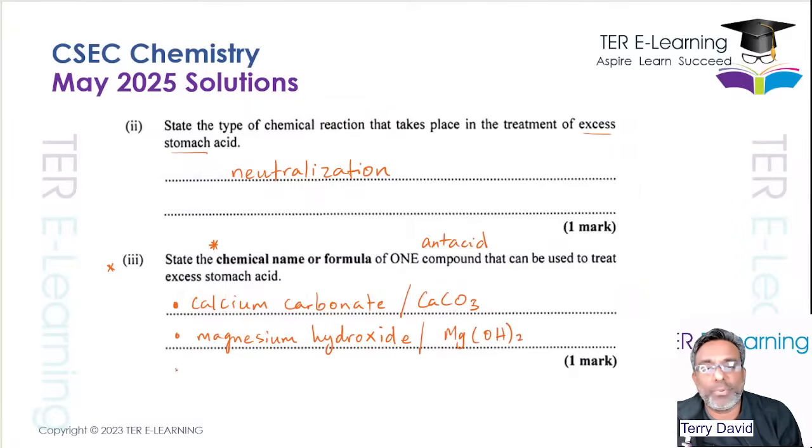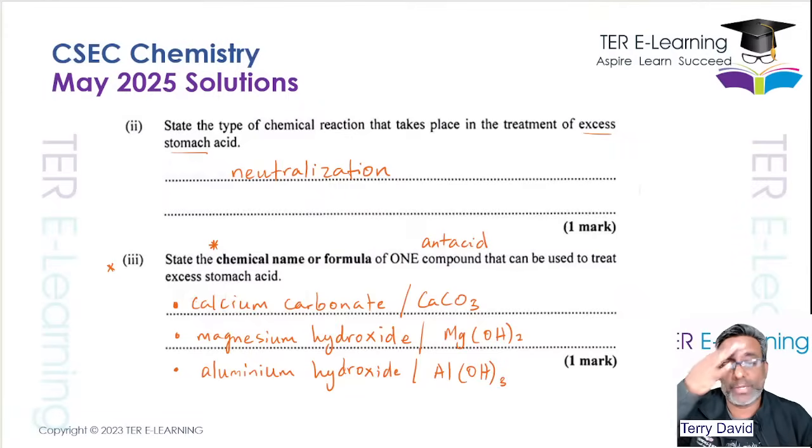Another possibility here is aluminum hydroxide, and this here is Al(OH)3. There's 1 mark here. Any one of these could work as an answer. They said chemical name, so if you put antacid, they're not going to give you the mark though.